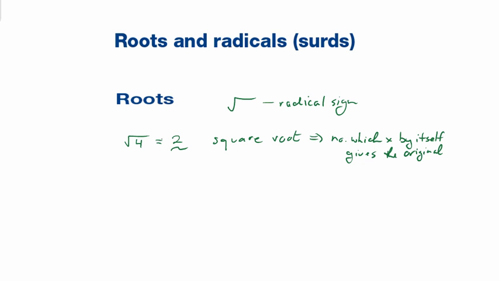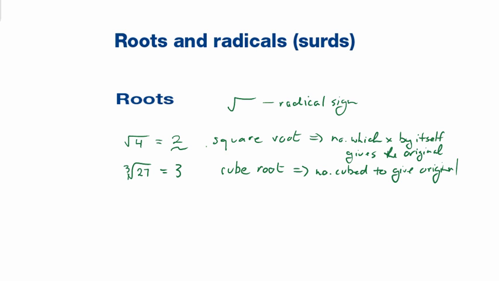What about other roots? What about something like the cube root of 27? The cube root is the number which cubed gives the original value that we're taking the root of. So here, the cube root of 27 would be 3, because 3 cubed, 3 by 3 by 3, is 27.